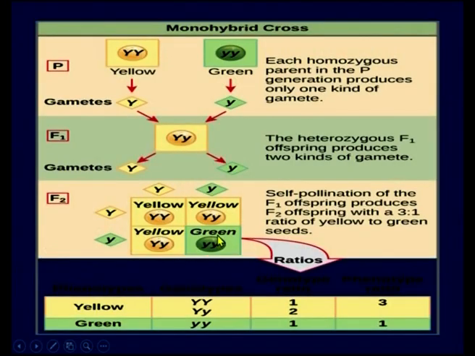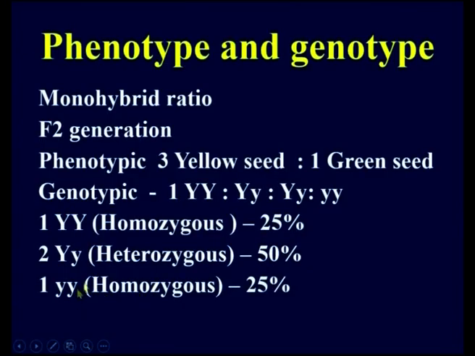What about this green plant which is small y, small y? How many such combinations did we get? Only 1. So genotypically, when you look at the types of the alleles, pure alleles, homozygous alleles, you find homozygous dominant 1, capital Y, homozygous recessive, which is pure green, small y, 1, and you get 2 heterozygote, capital Y, small y, 2 such plants.